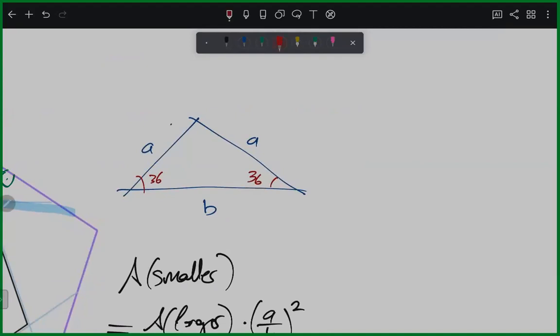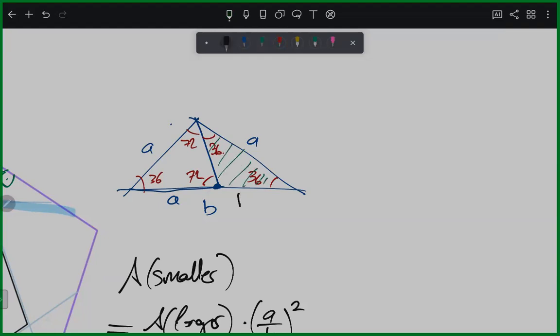What I'm going to do is pick a point here so that this is A, and then draw this triangle. On the one hand, this is a 36, 72, 72 isosceles triangle. On the other hand, this angle turns out to be 36, and we also have another isosceles triangle here.